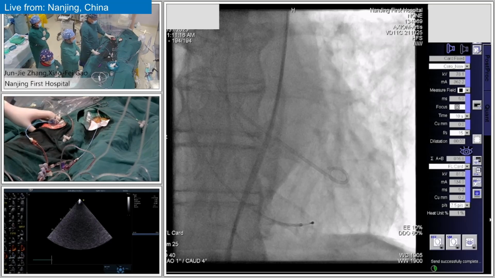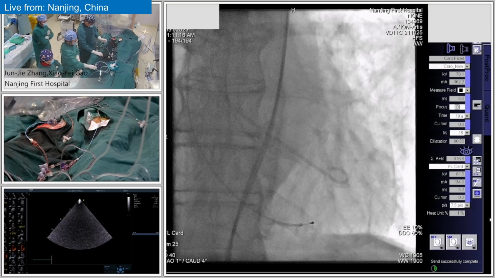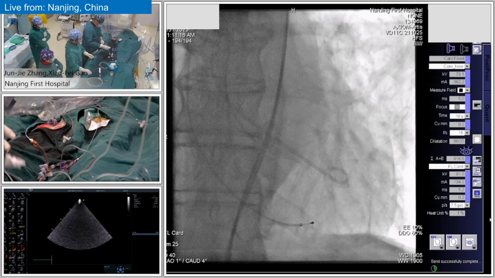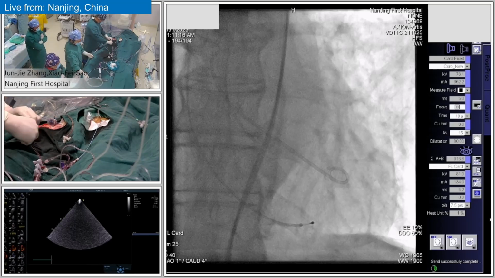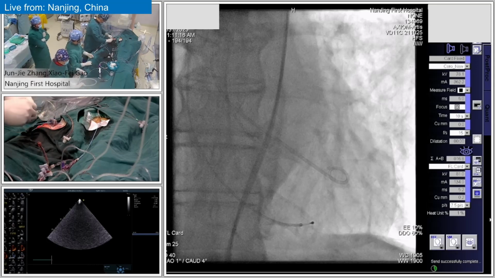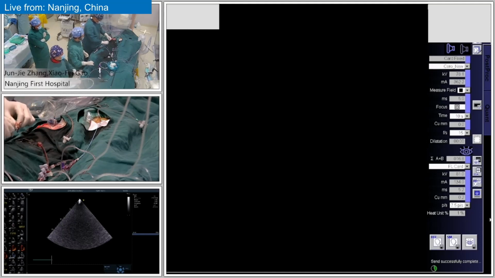So next I will insert my guide wire. It's a super stiff Lunderquist wire, which will give us more support. We have shaped the wire tip to make it a double curve.